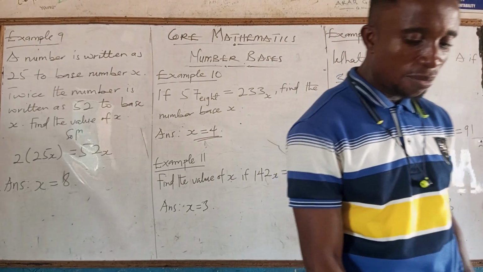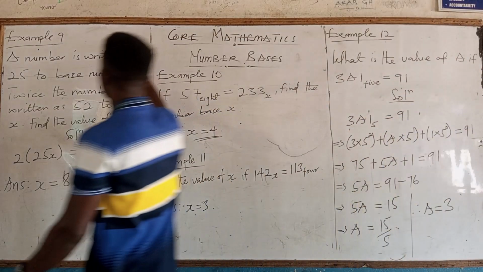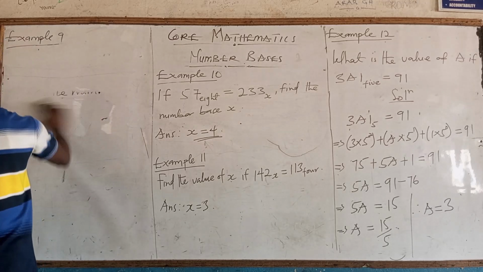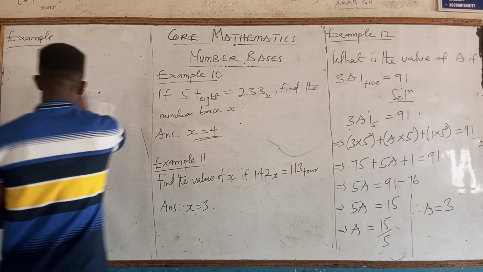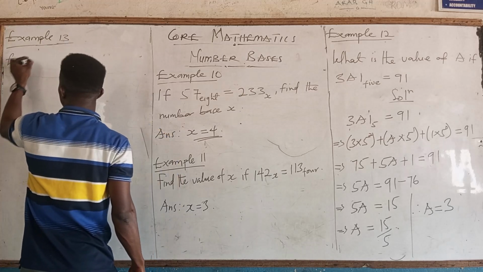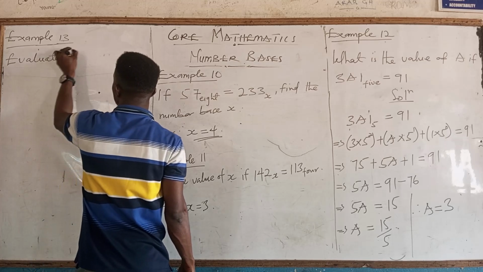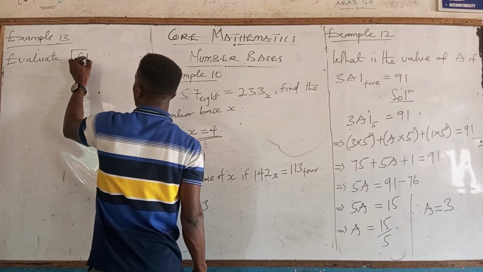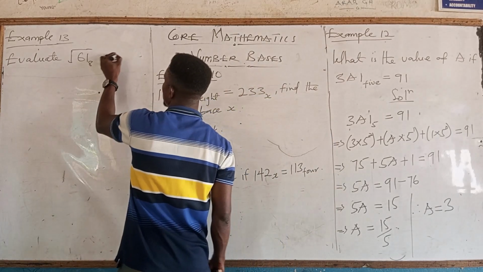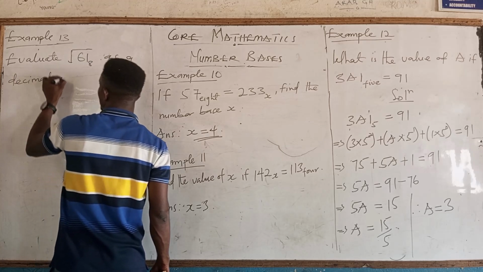And the last example that we are going to be doing, which is example number 13. You have to evaluate the square root of 61 base 8 as a decimal numeral.